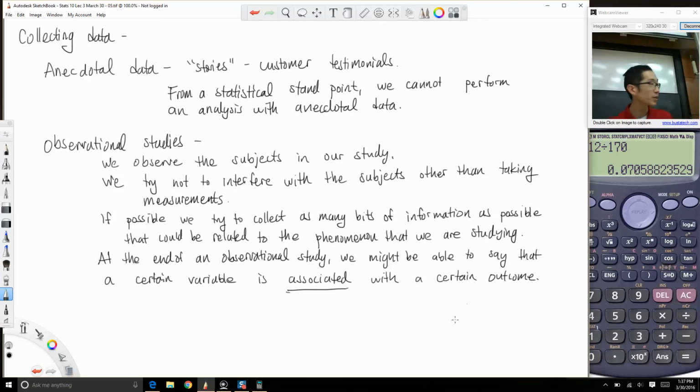Okay, so the key word here is associated. We are not going to say that a certain variable causes a certain outcome. Okay, all we can say is that there is an association. Okay, so do not write causes.